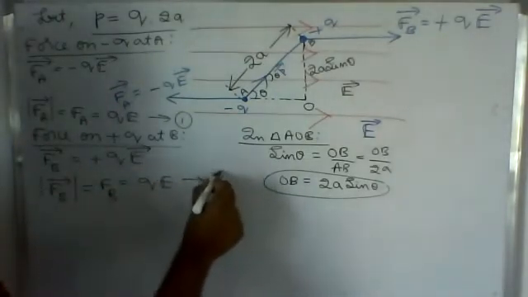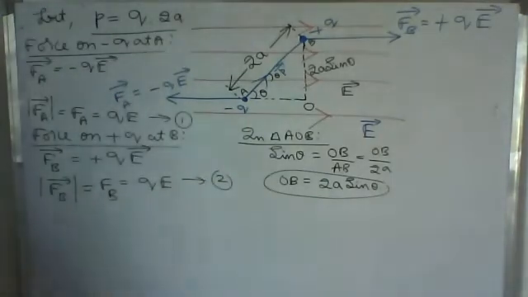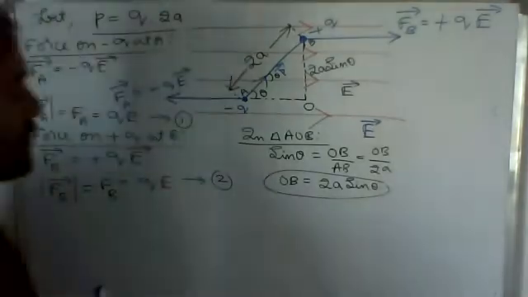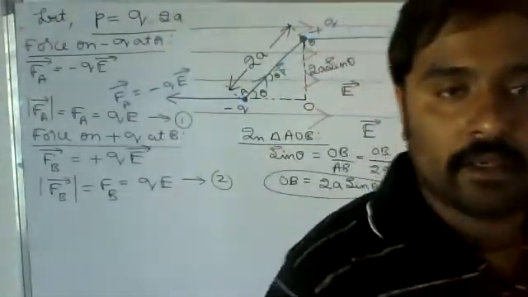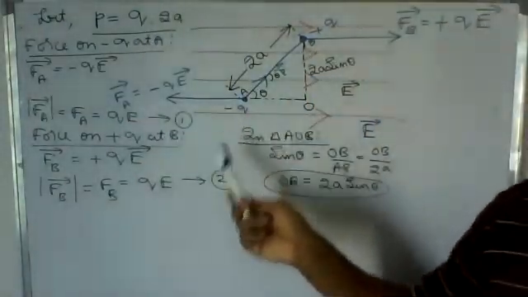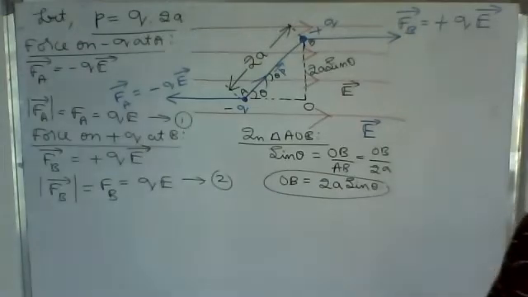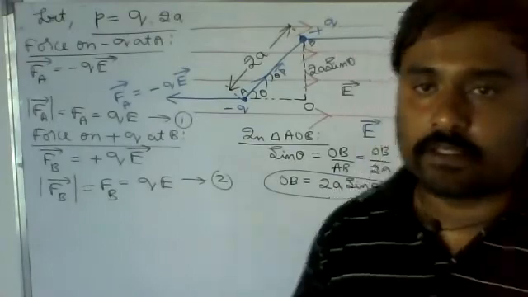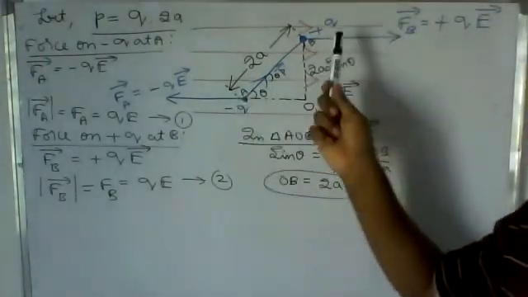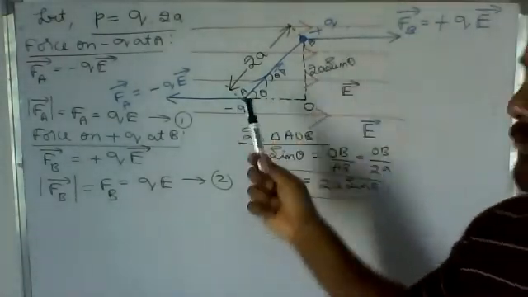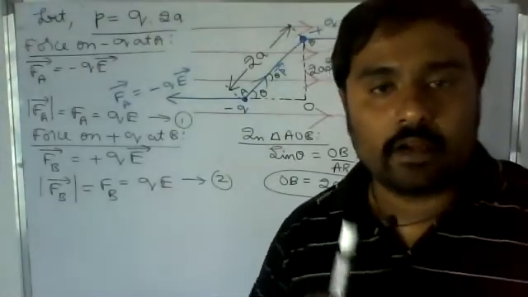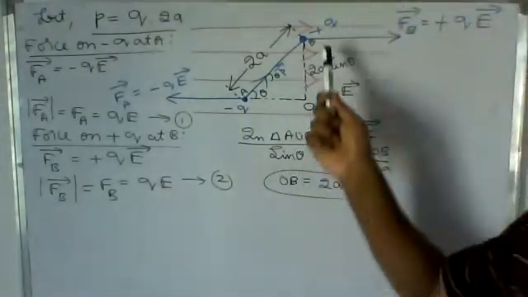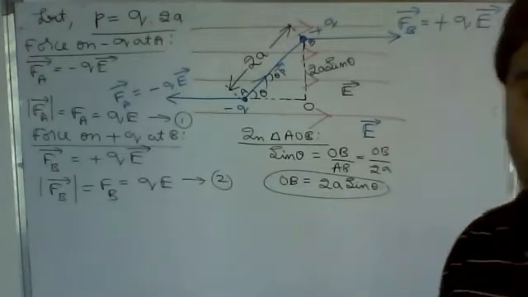Call this equation number 2. Now comparing equations 1 and 2, what is your conclusion? FA is exactly equal to FB. That means two equal and opposite forces acting on the electric dipole.